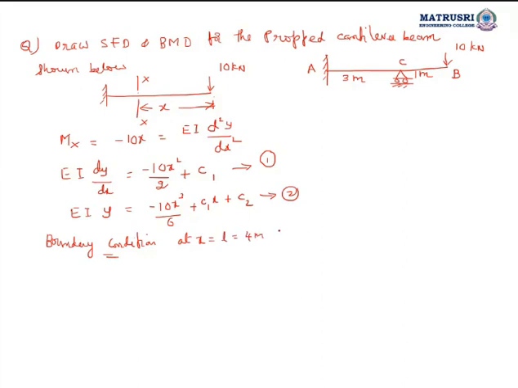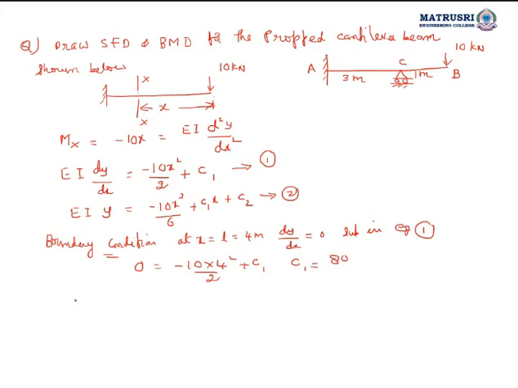At 4 meter, dy by dx is equal to 0. Substitute in equation number 1: 0 is equal to minus 10 into 4 square by 2 plus C1. We will get the value of C1, which I got as 80.